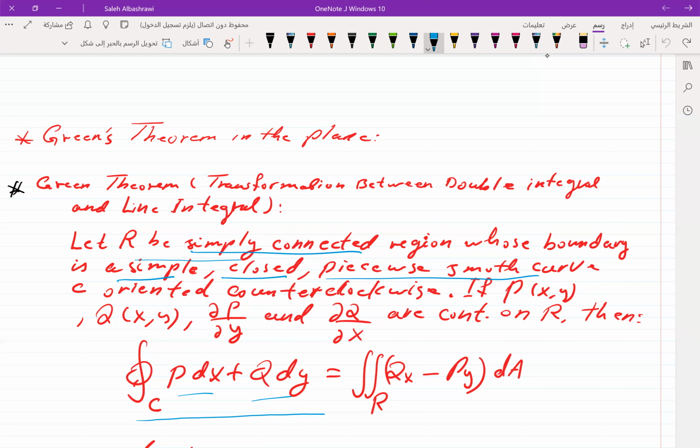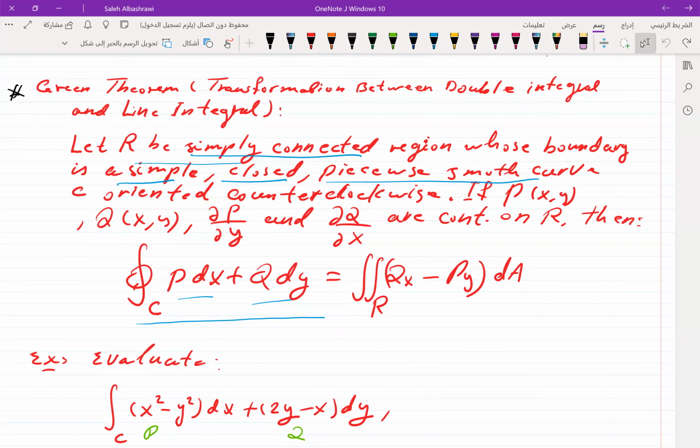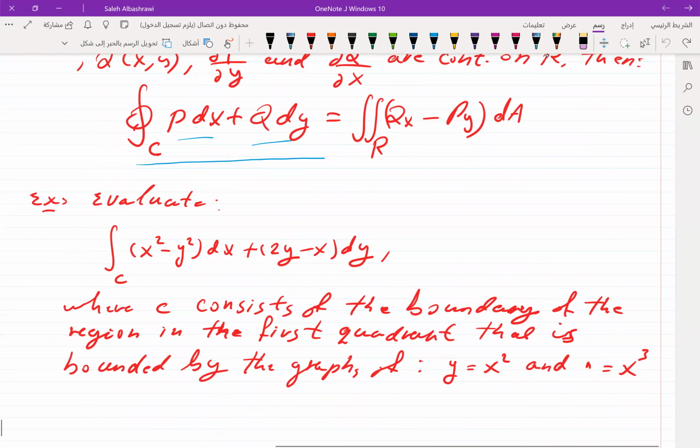As a direct application, let's have some examples. Let's evaluate the integral of x squared minus y squared dx plus 2y minus x dy, where C consists of the boundary of the region in the first quadrant that is bounded by the graphs of y equal to x squared and y equal to x to the power 3.